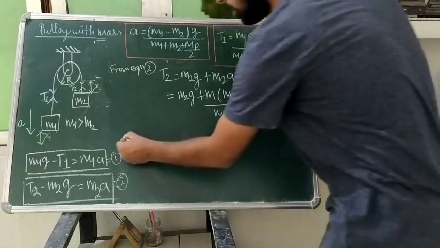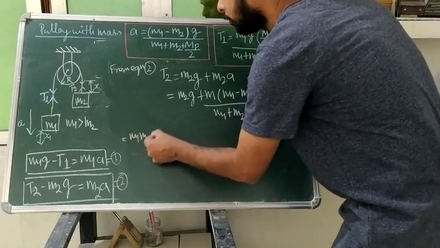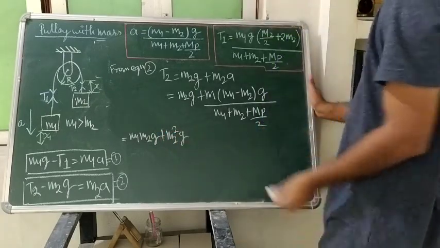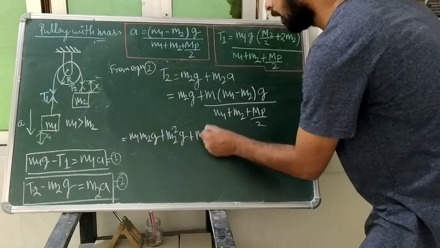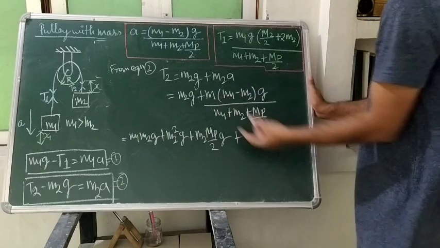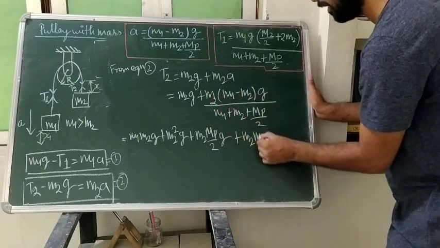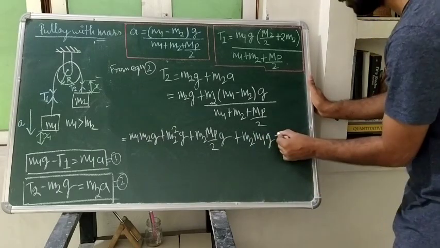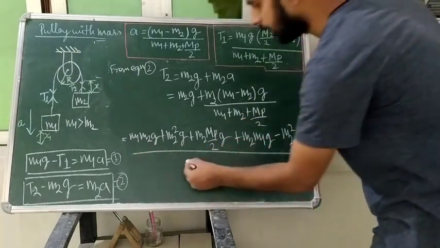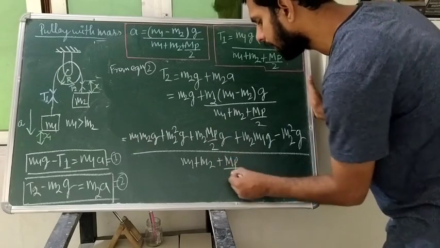When you will multiply this all, what you guys will get? This will become m1 m2 g plus m2 square g plus m2 times mass of the pulley divided by 2 times g here, and plus is here, and it is what? m2 m1 g and minus of m2 square g will come, divided by m1 plus m2 plus mp divided by 2.